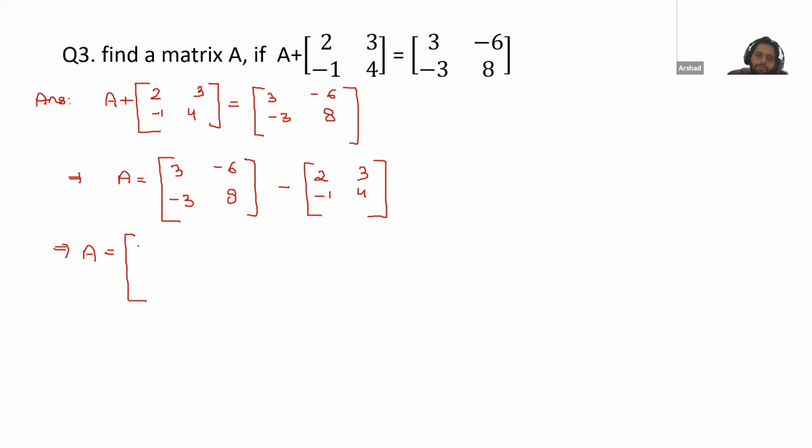Now subtract these two. So 3 minus 2 will become 1. Then minus 6 minus 3 will become minus 9. Minus 3 plus 1 will become minus 2. And 8 minus 4 will become 4. Is this clear?